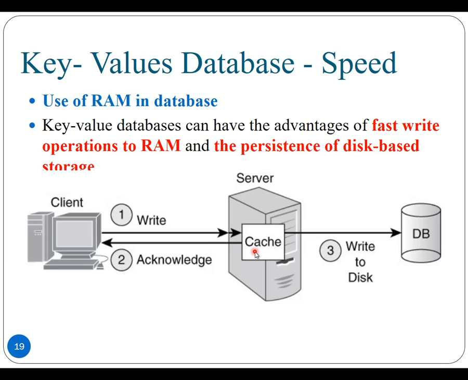When the client wants to do an operation, the server does the operation in the RAM memory, and the operation is done very fast because the RAM memory is faster than the disk.